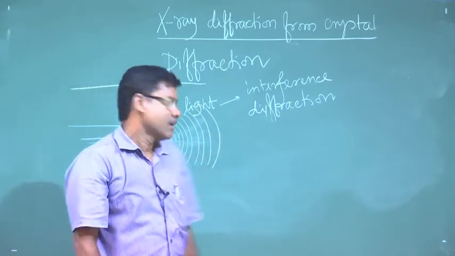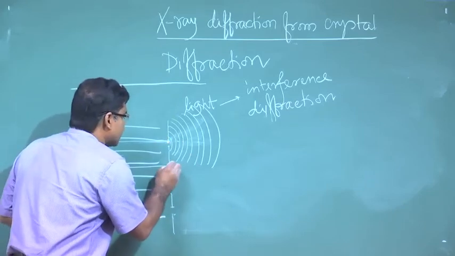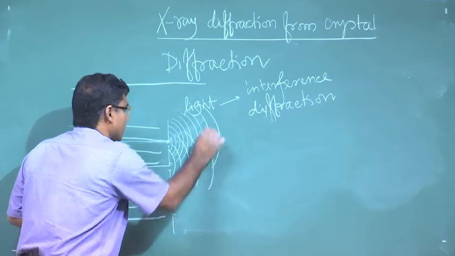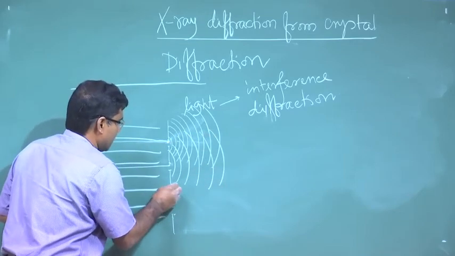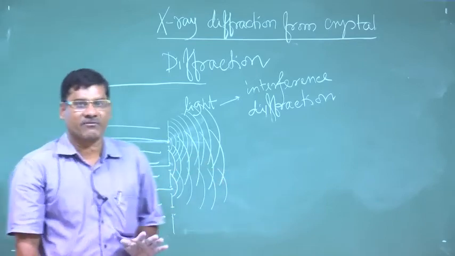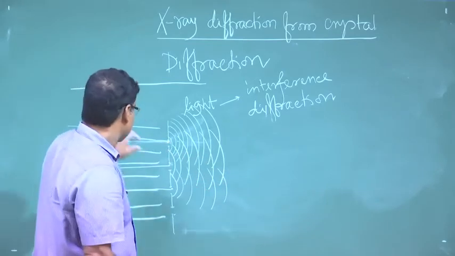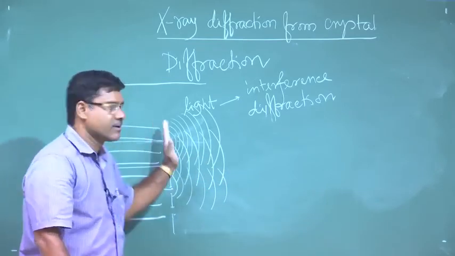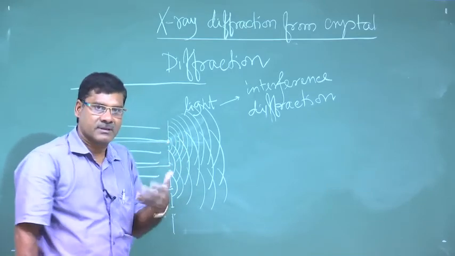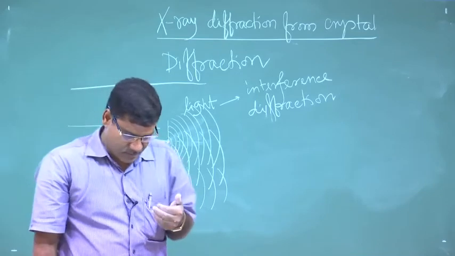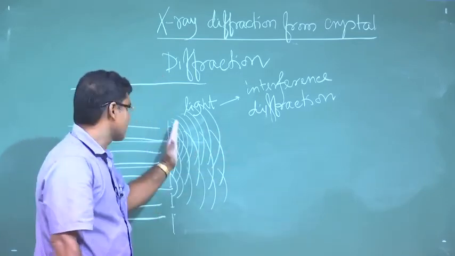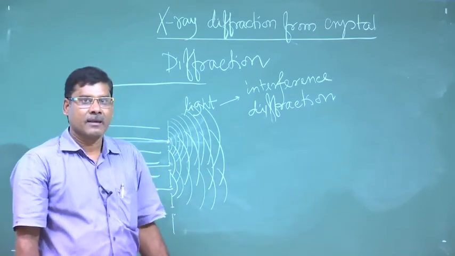Similarly, each hole does this, and these we call secondary wavelets. The primary wave comes and meets obstacles, then each point acts as a source and emits waves. These waves are called secondary waves.